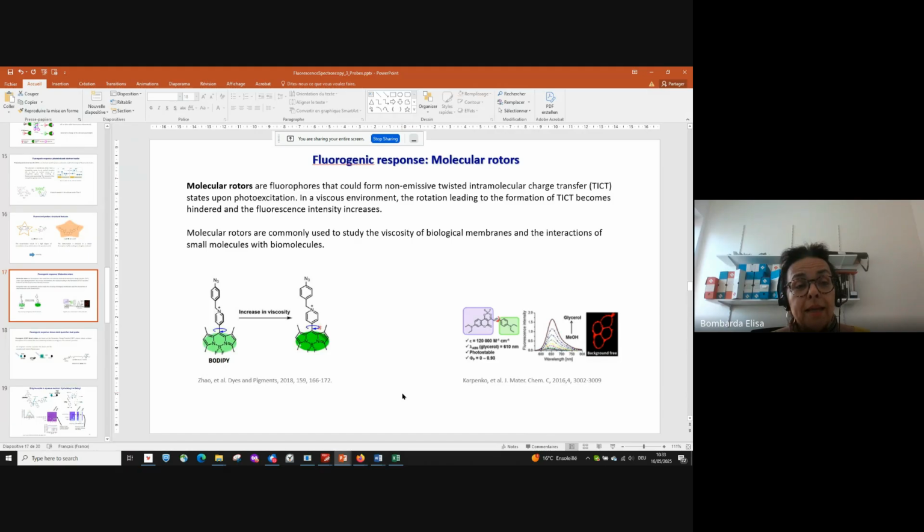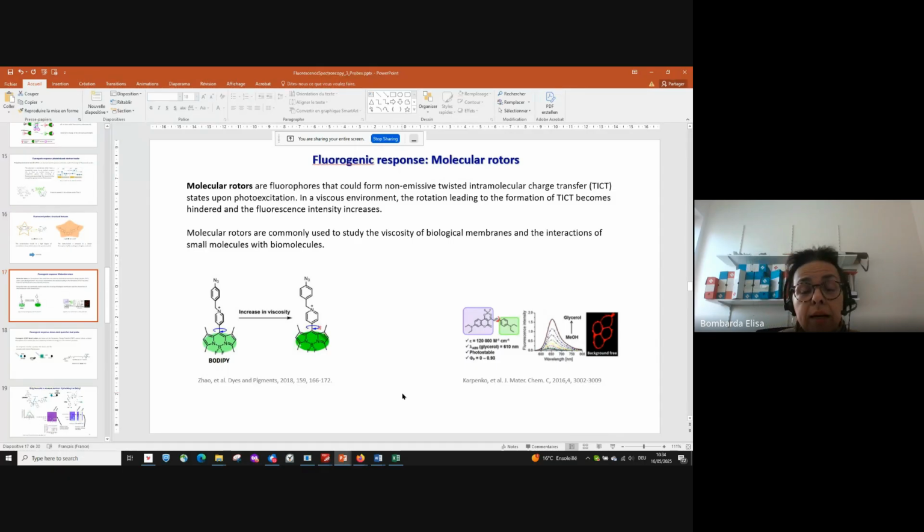We have to choose, of course, the probe that is able to detect the properties that we are interested in. And the chemists that develop these probes have this also in mind.